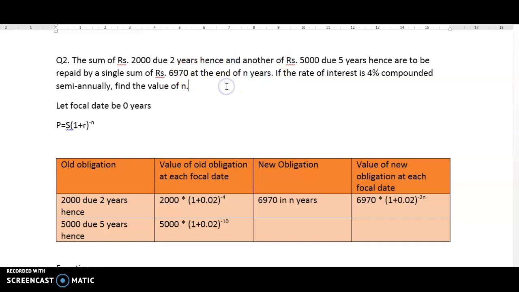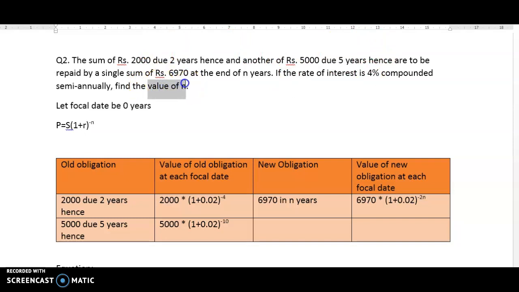So in this case, the person has taken two older obligations: first 2,000, which is due 2 years hence, and another 5,000 due 5 years hence. The new obligation says that he has to pay a single amount 6,970 at the end of n years. N is not given to you. If the rate of interest is 4% compounded semi-annually, you have to find the value of n.